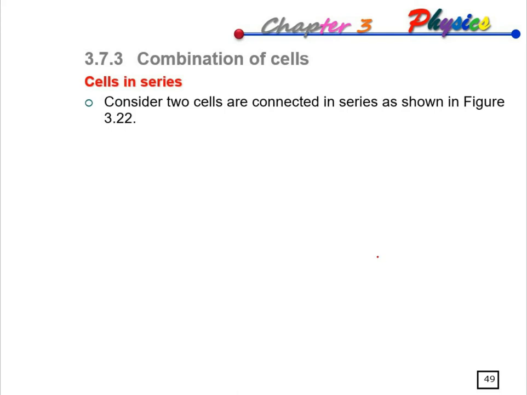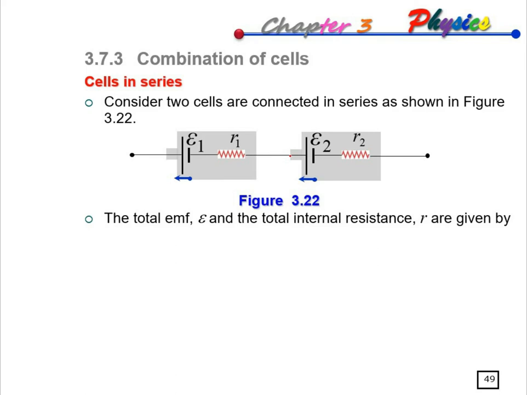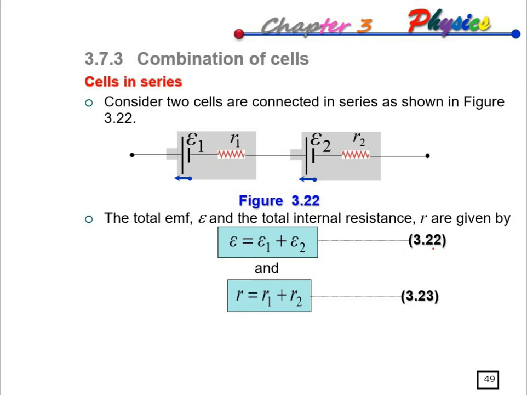Subtopic 3.7.3, combination of cells. If we have cells connected in series, we will determine the value for the EMF and also for the internal resistance. If we have two EMFs with internal resistances, EMF1 with internal resistance R1, and EMF2 with internal resistance R2, since the connection is in series, the total EMF and the total internal resistance R are given by equations 3.22 and 3.23.